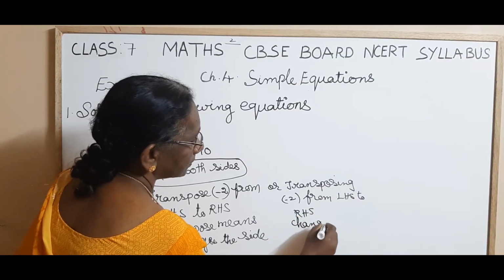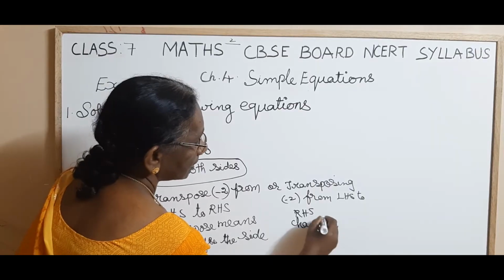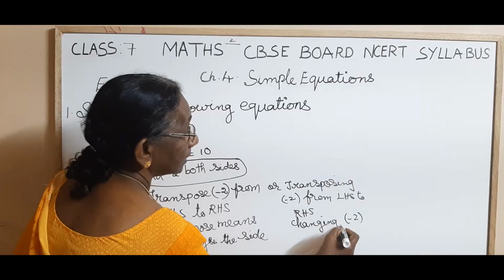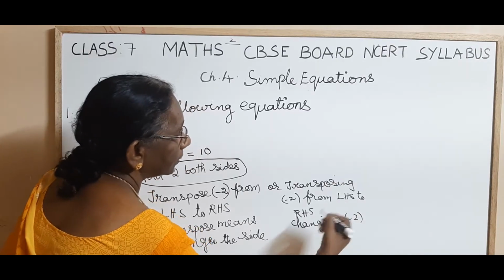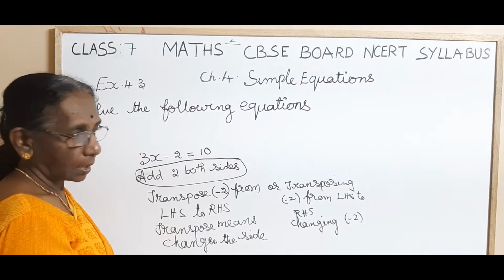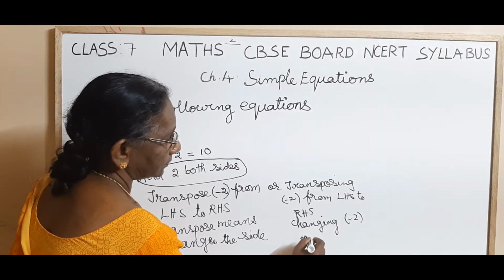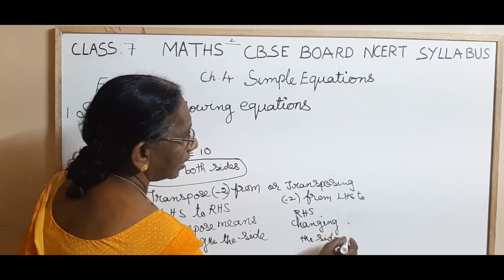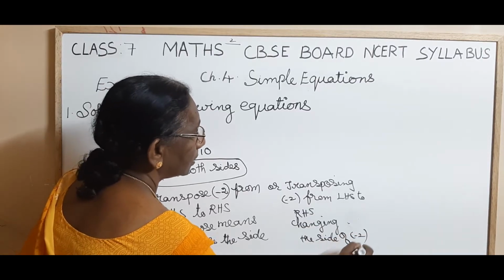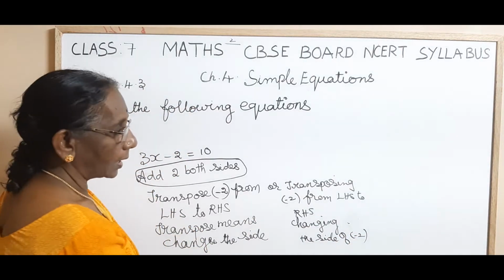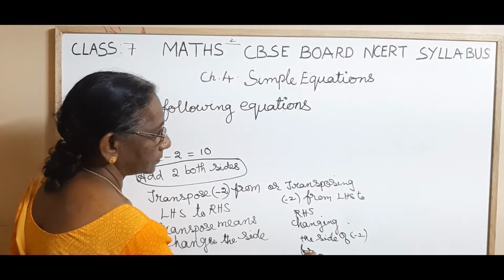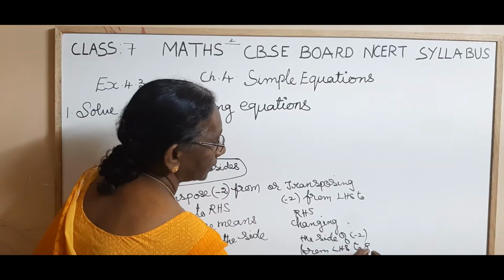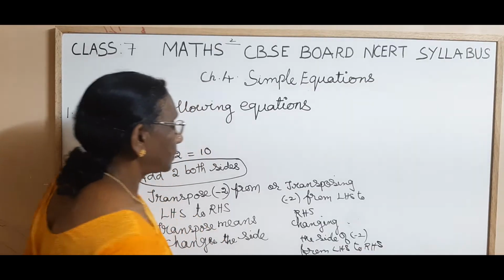Changing the side of minus 2, changing minus 2 from left hand side to right hand side. Changing the side of minus 2 from LHS to RHS. Have you understood, children?